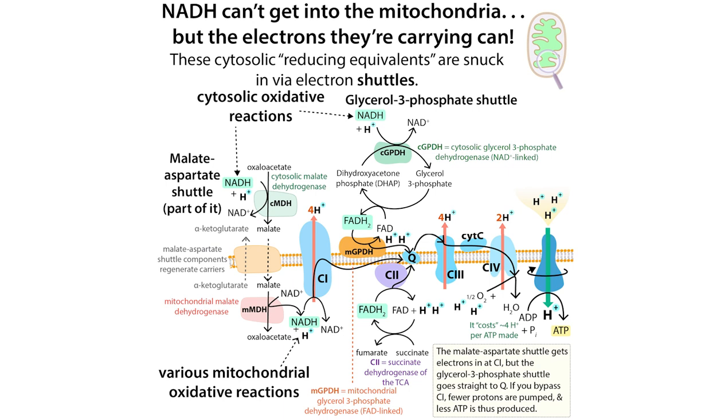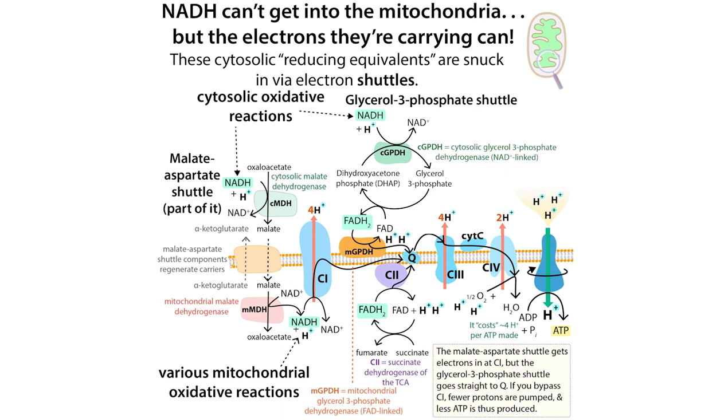We then ship the malate into the mitochondria, where we have a mitochondrial malate dehydrogenase that can take the malate, oxidize it to make oxaloacetate, and in the process use NAD+ in the mitochondrial matrix to generate NADH, and that NADH is now in your matrix where it can enter at complex 1, and therefore you're going to get the 2.5 ATP equivalents from NADH that enters this way.